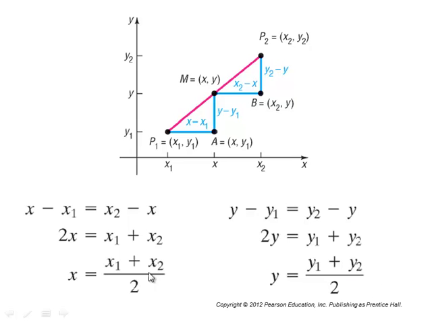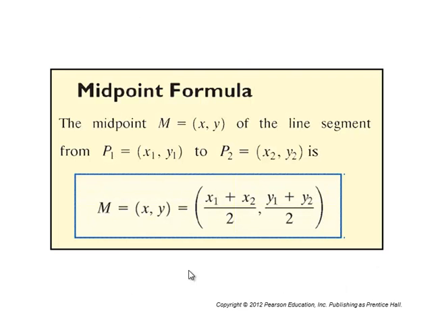So you can see that x and y are respective averages of the x and y coordinates of the points. So that tells us if you know the coordinates of your 2 points, P1 and P2, then this right here will tell you how to calculate the coordinates of the point that's midway in between. In other words, it's the midpoint.